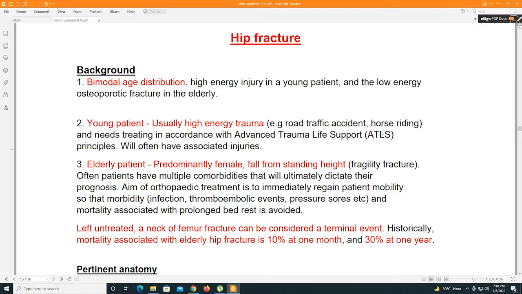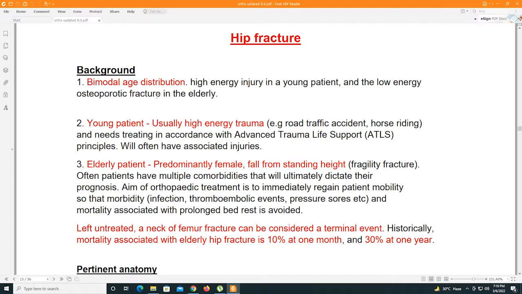They come to the hospital, a diagnosis is made of some variation of hip fracture, and then you have to select the best treatment modality for this gentleman. So without any delay, let's go to the topic.